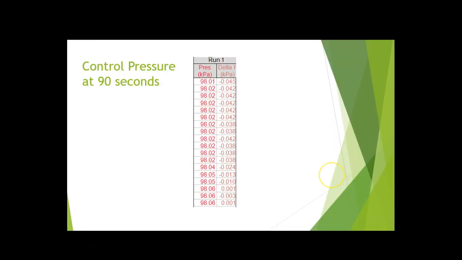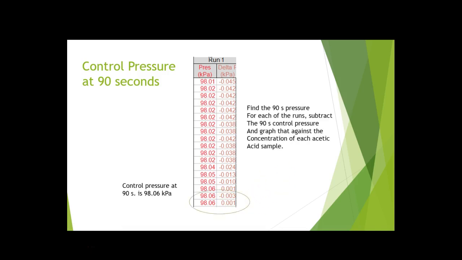This is the control pressure at 90 seconds down here at the bottom. You see it's 98.06. You then find the 90-second pressure for each of the other 7 runs, subtract this 98.06 control pressure, and you graph that against the concentration of each acetic acid sample.